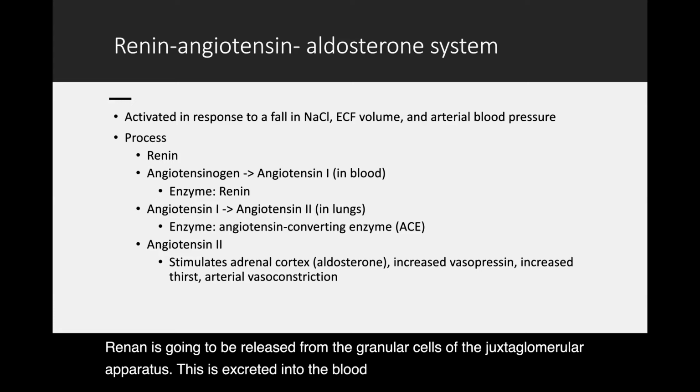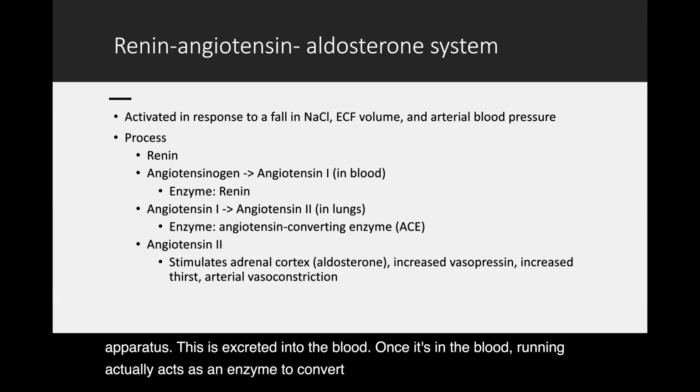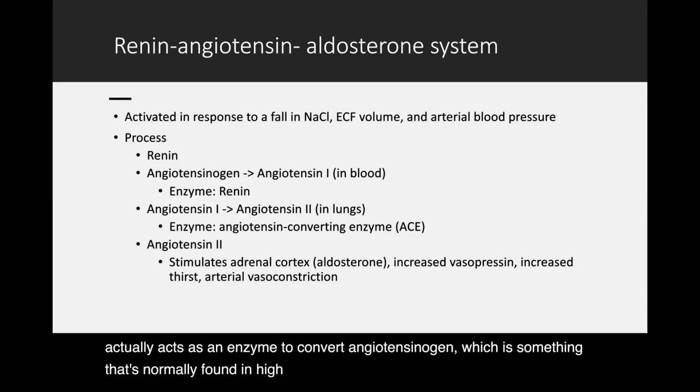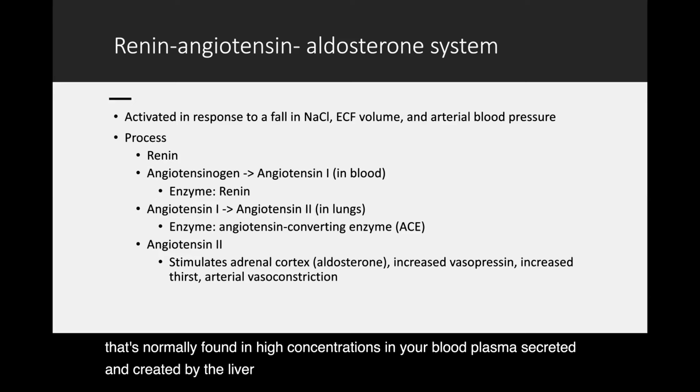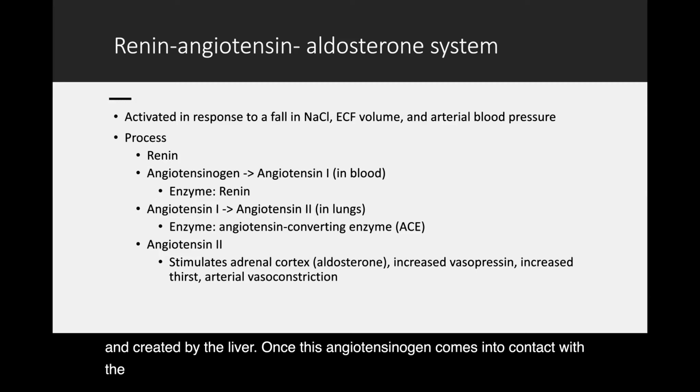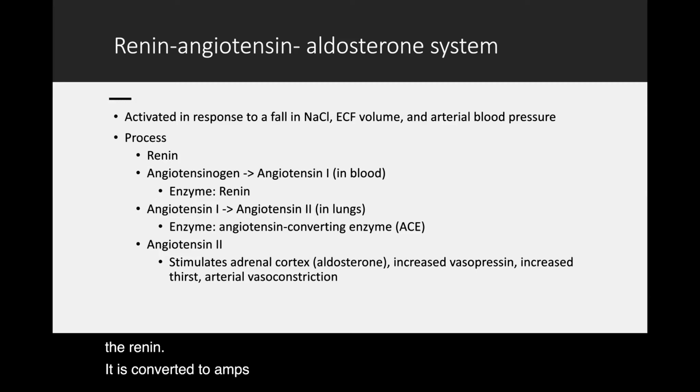Once it's in the blood, renin actually acts as an enzyme to convert angiotensinogen, which is something that's normally found in high concentrations in your blood plasma. It's secreted and created by the liver. Once this angiotensinogen comes into contact with the renin, it is converted to angiotensin 1.